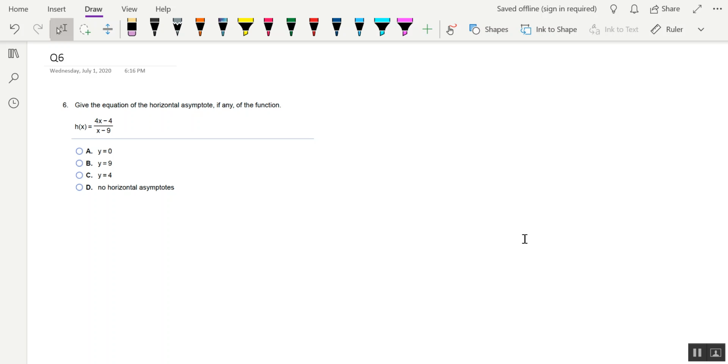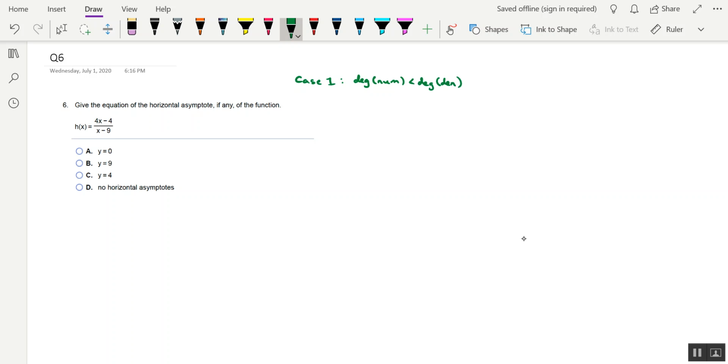So with regard to horizontal asymptotes, there's really three situations that we can land in, and I'll call those cases. Case 1 is when the degree of the polynomial in the numerator is less than the degree of the denominator.